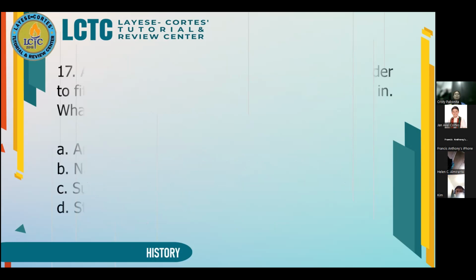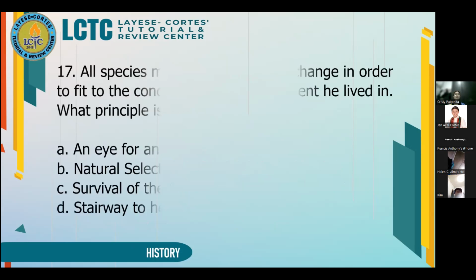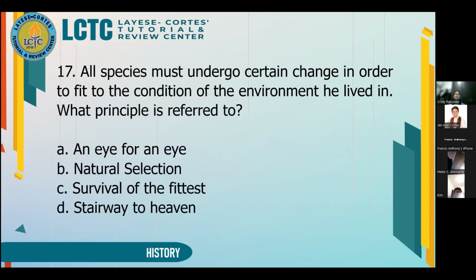Okay, 17. All species must undergo certain change in order to fit the condition of the environment lived in. So what principle is referred to? Is it A, an eye for an eye? B, natural selection? C, survival of the fittest? Or D, stairway to heaven? What do you think is the answer? C, ma'am.